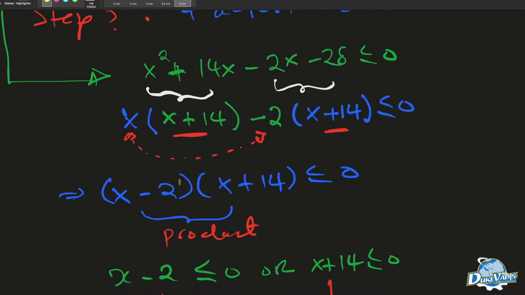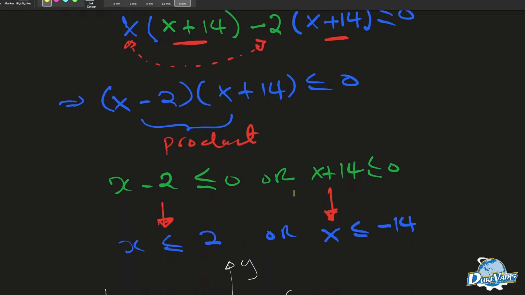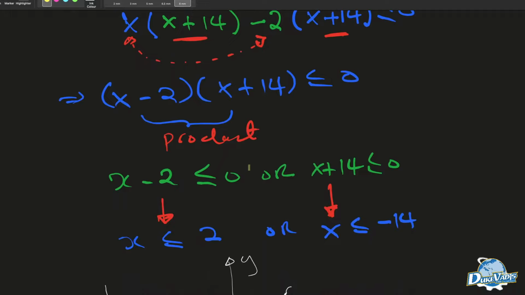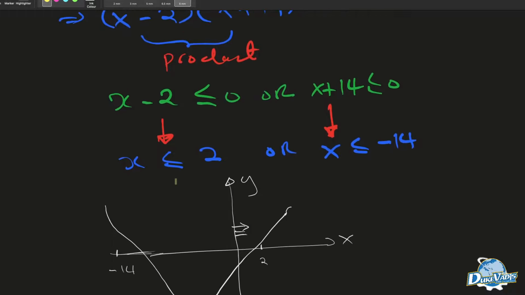So x minus 2 in a bracket and x plus 14 is less than or equal to 0. These two are products, they are not addition. So we say x minus 2 is less than or equal to 0, or x plus 14 is less than or equal to 0. So it means x is less than 2 and x is less than negative 14.